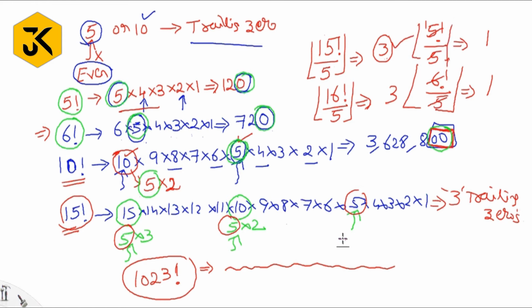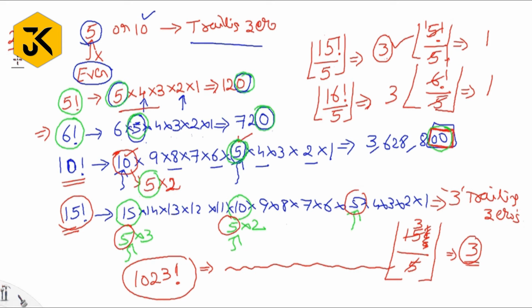Just check. In my 15 factorial, how many 5s are there? Simply I need to perform floor of 15 by 5. You will get 5 3s are 15. Don't consider factorial. 5 3s are 15. So you will get 3. Like this you can calculate. For example, I want to calculate the total number of 5s in 20 factorial.